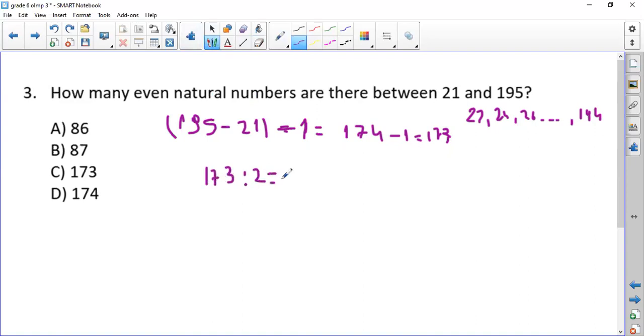So 17 divided by 2 will give me 8, 16. So 13 divided by 2 will give me 6. So the result is 86, and the remainder is 1. So there will be 86 even numbers between these two numbers. And the other 87 numbers are odd numbers.